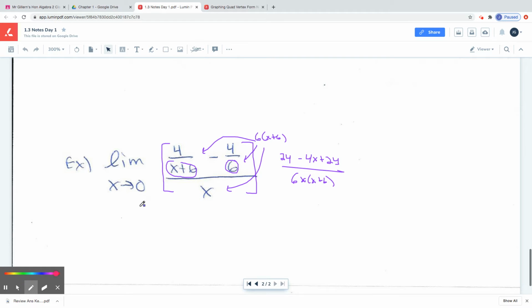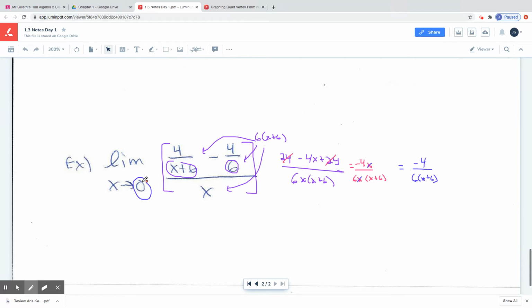Here, the 24's cancel, leaving me with -4x over 6x times x plus 6. The x's then cancel, so it's -4 over 6 times x plus 6.